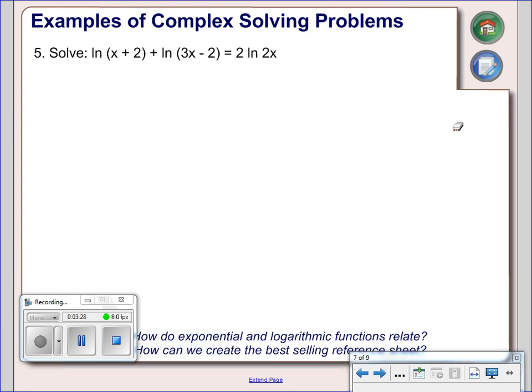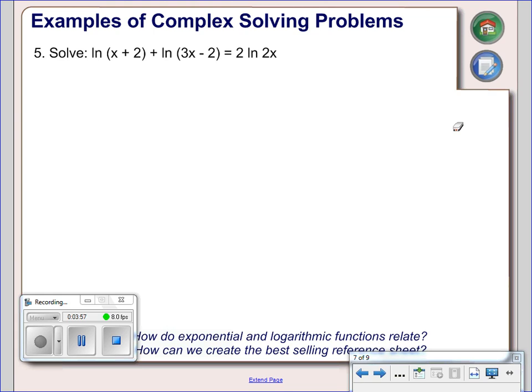Some of the basic common rules: if I have one logarithm on one side and it equals a number, then I can change it to exponential. Or if I have 2 logarithms on either side and they have the same base, then their arguments will be equal. So I'm going to start moving with some of the properties and see if one of those features pops out at me so that I can solve.